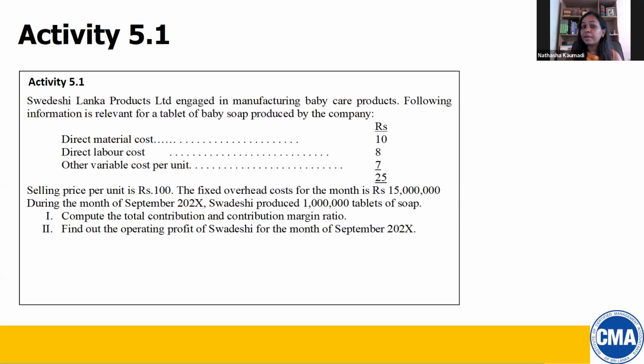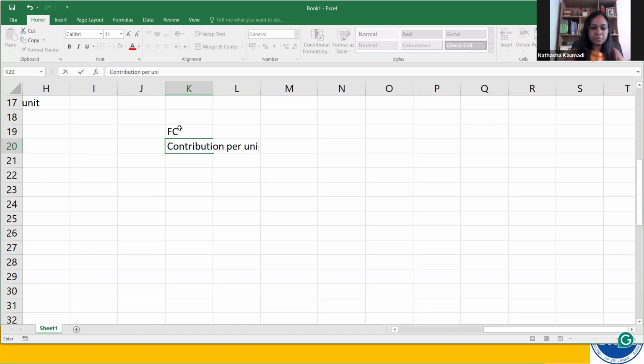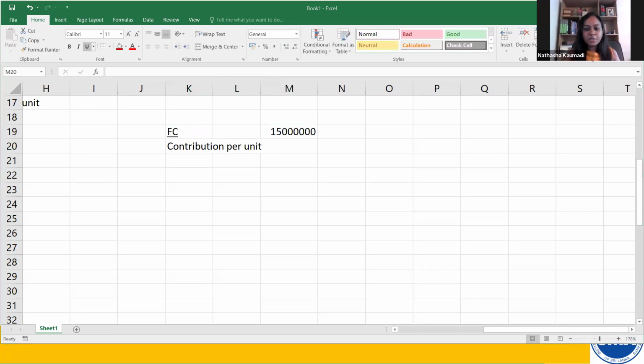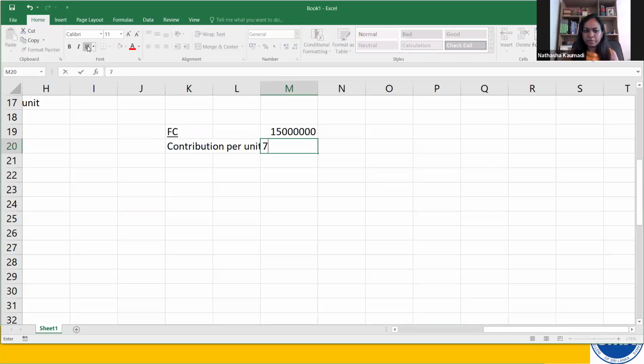Break-even point in units, you calculate by dividing fixed cost by contribution per unit. Your fixed cost is 15 million. How much is your contribution per unit? If I'm correct, it's 75.